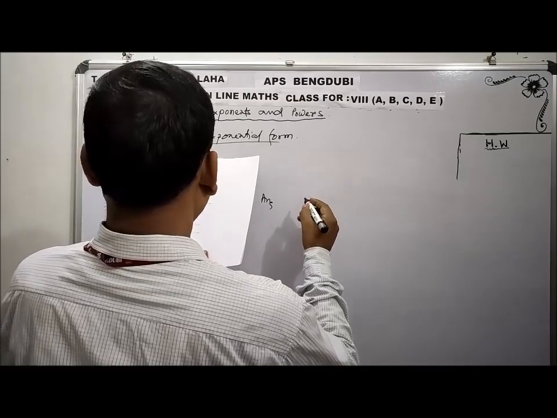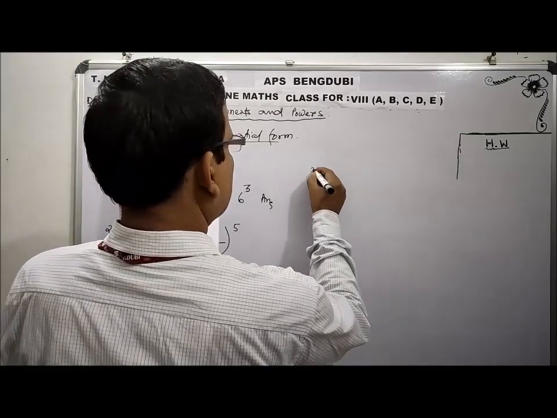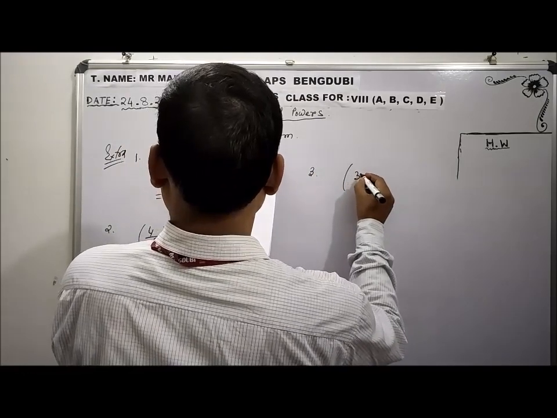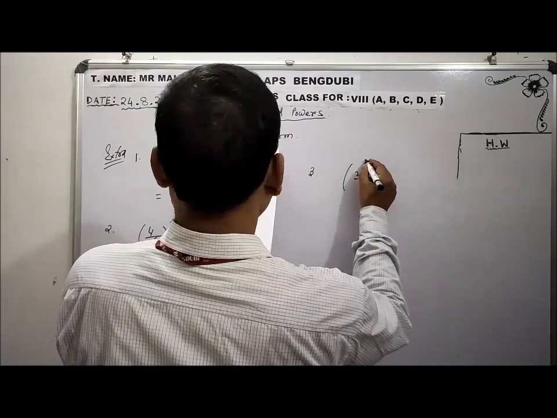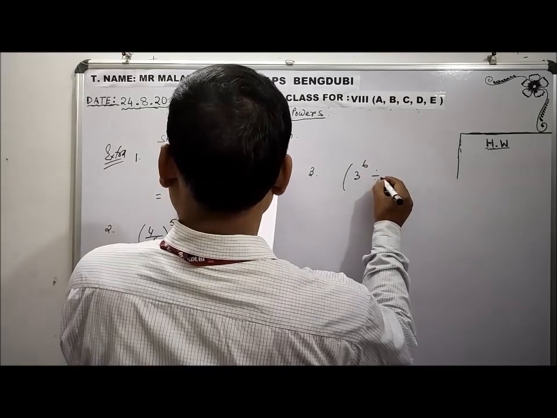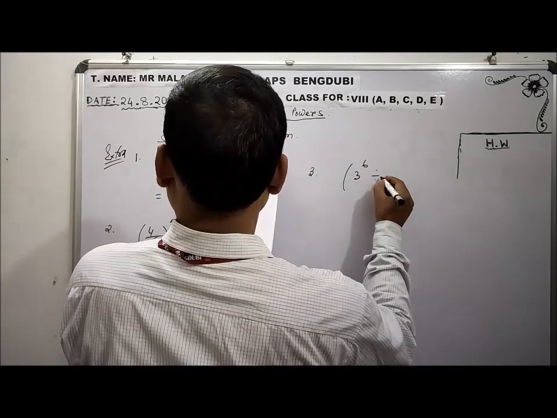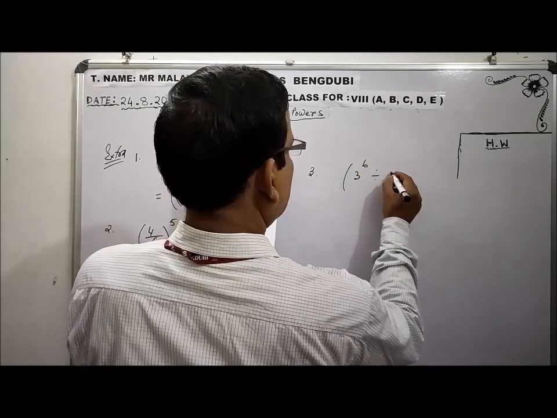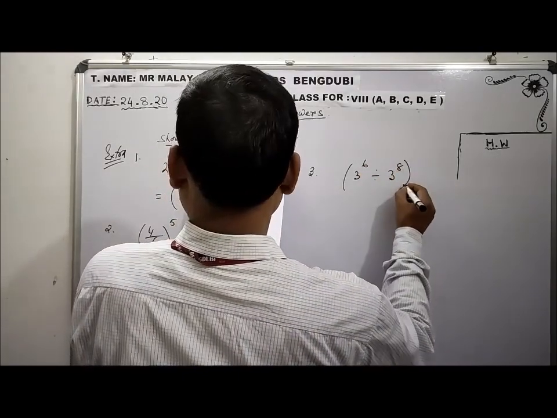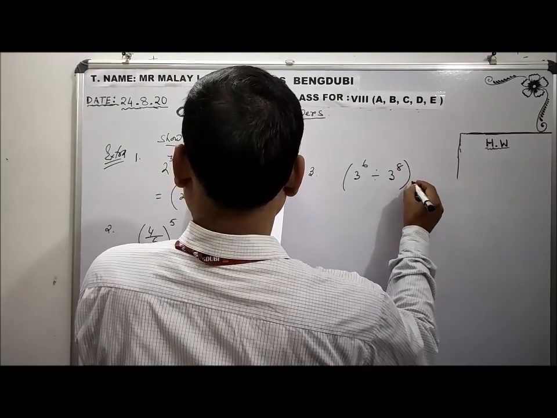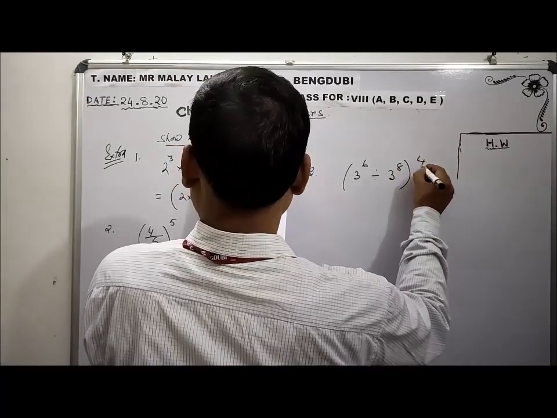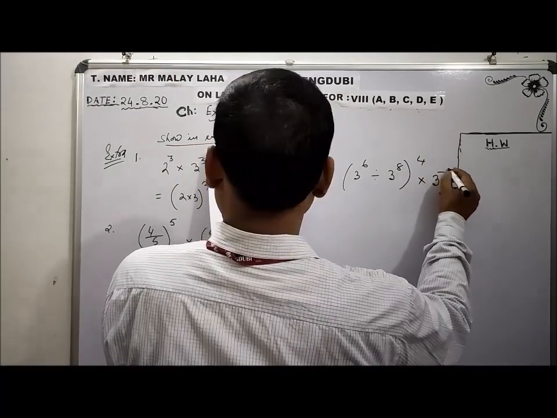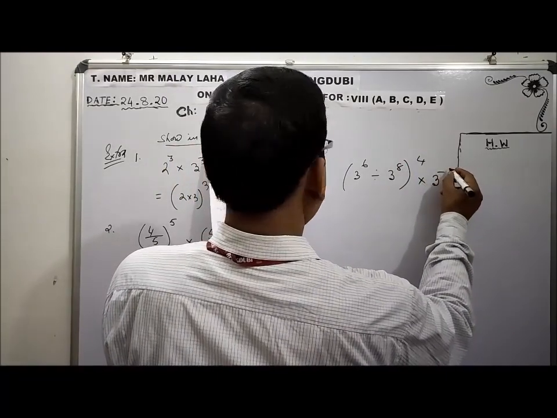Now another one, exponential form: 3 raised to 6 divided by 3 raised to 8, the whole raised to 4, multiplied by 3 raised to minus 4.